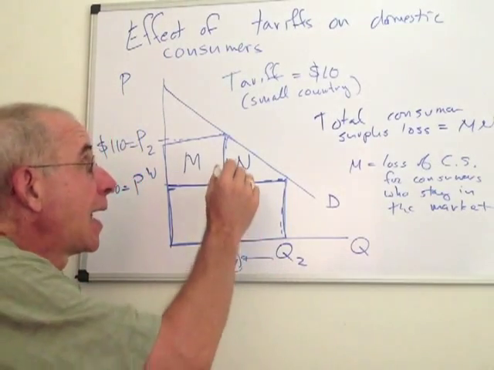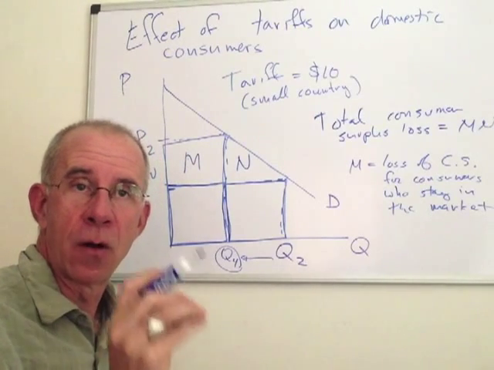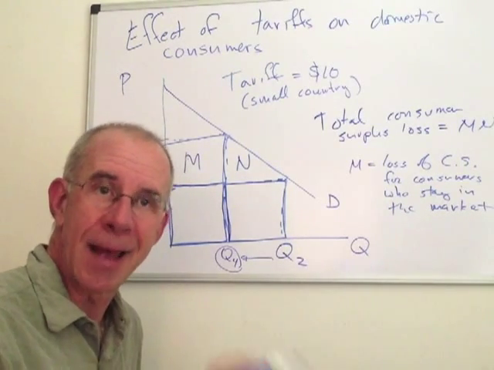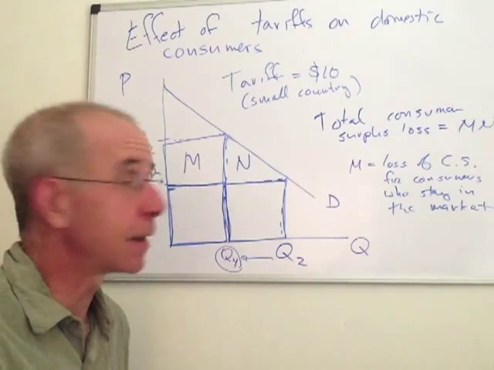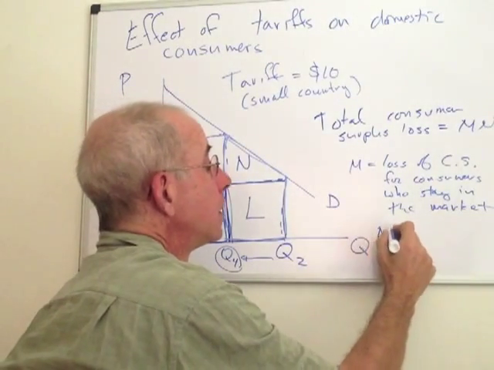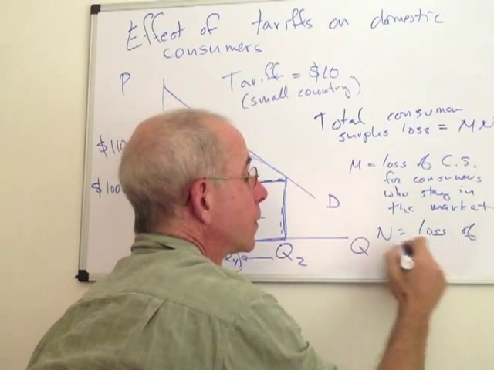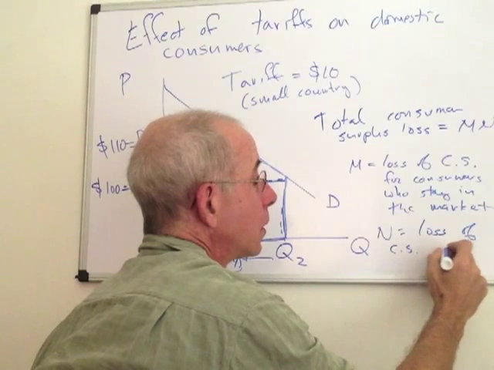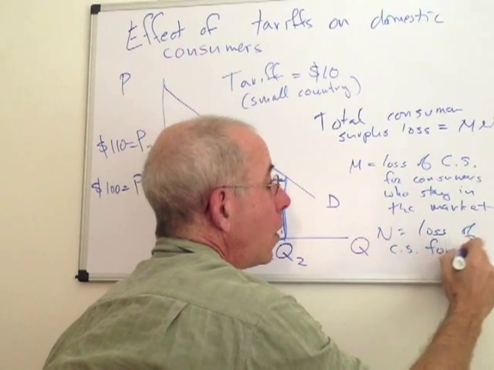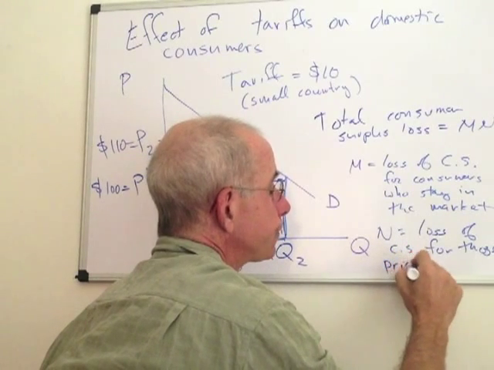That is to say, N represents the impact of consumers who were priced out of this market, who were unwilling to buy it at that price. So N is the loss of consumer surplus for those priced out of the market.